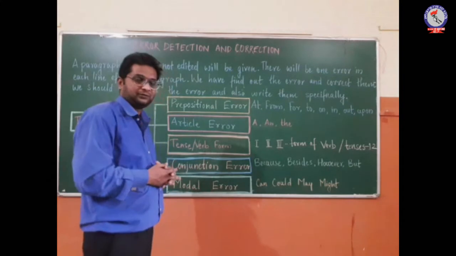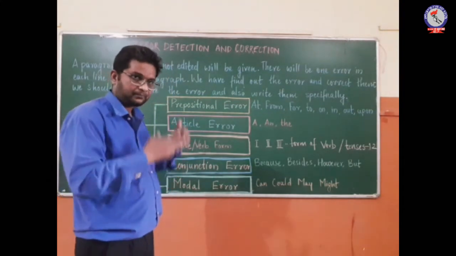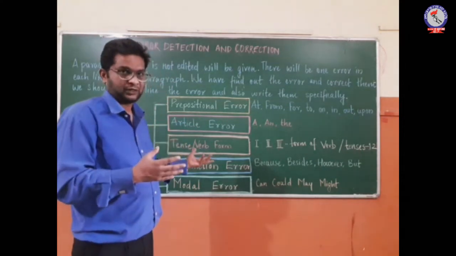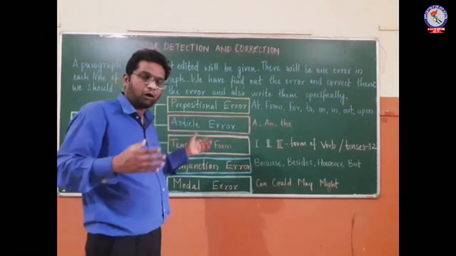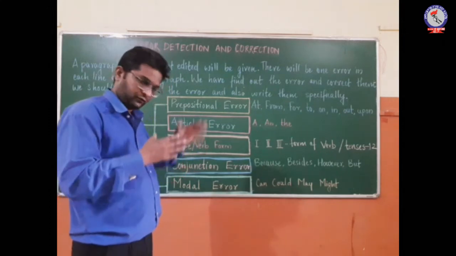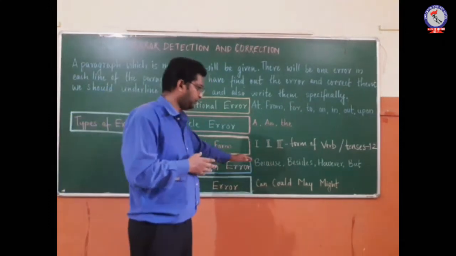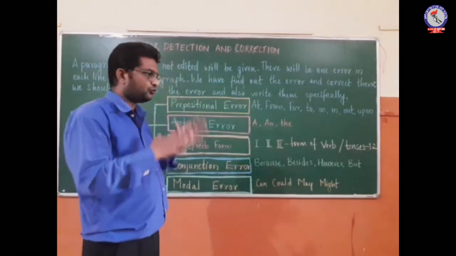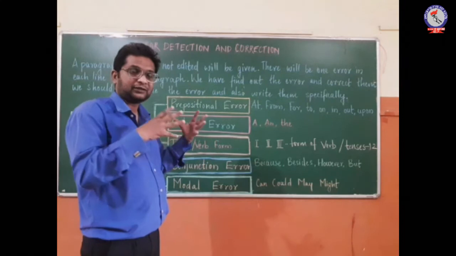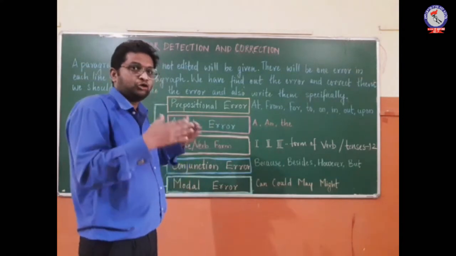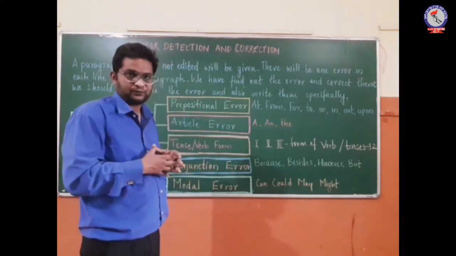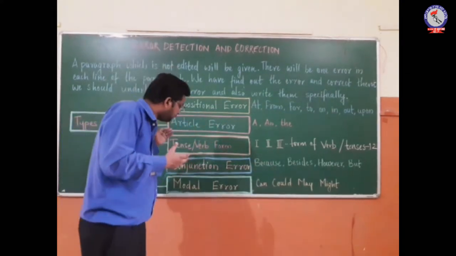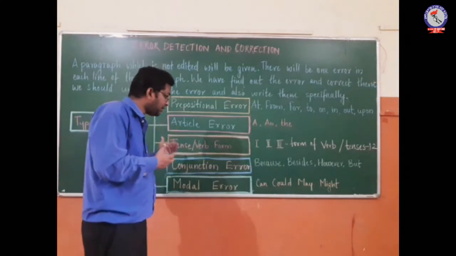Conjunction error. That means the error in conjunction. Conjunctions are also called connectors. Few examples are given here: because, besides, however, but. So these words are the connectors. They connect two sentences, they connect two ideas. So you can find error in the conjunction.